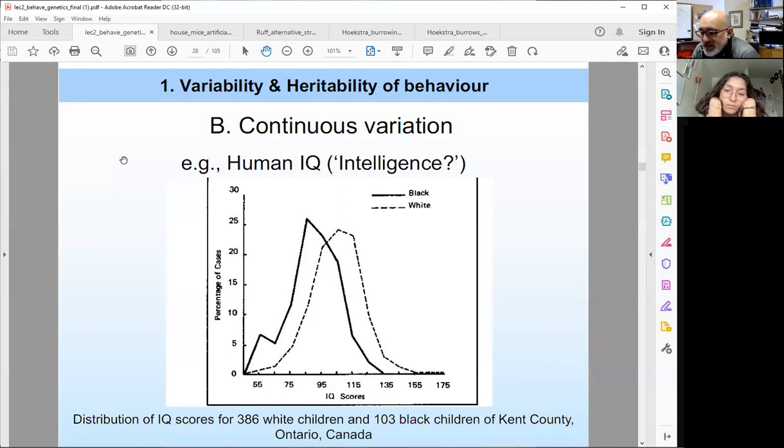And so, like I said, I'm going to stop here, but on Monday, we'll walk you through some of the evidence that relates to our understanding of the heritability of IQ.